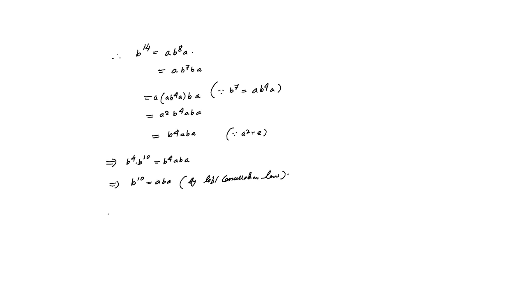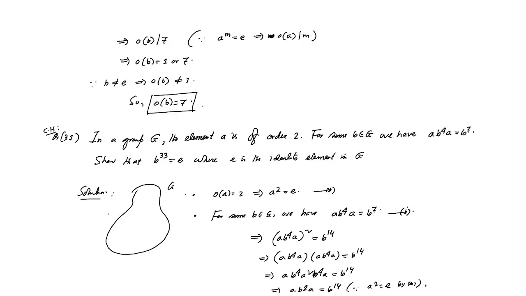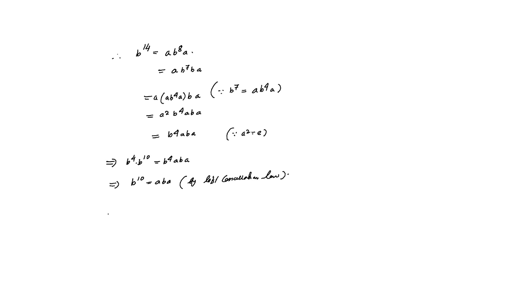Now we raise the power, because we need B to the power 33. So B to the power 10 equals A B A, raised to the power 4, and that will be B to the power 40 equals A B A, A B A, A B A, A B A.